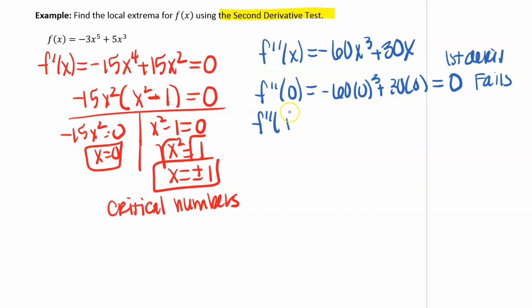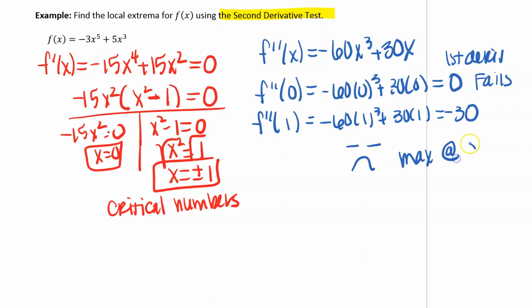F double prime of 1 would be equal to negative 60 times 1 cubed plus 30 times 1, and so that gives me a value of negative 30. Well, that's negative, so that tells me I'm going to have a max at x equal to 1 just by that second derivative test.